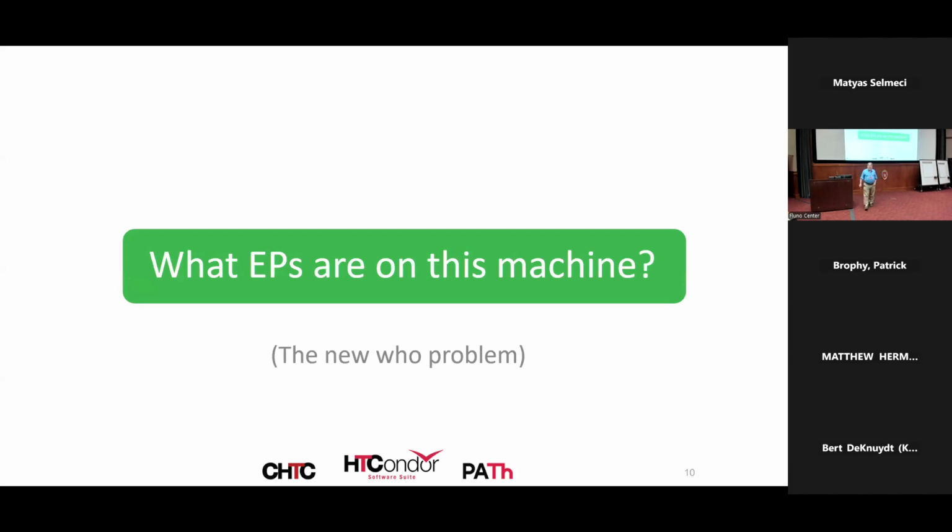Okay, so then we roll along for a decade or so. Condor changes, we make improvements. In particular, we turned on shared port by default, and in Condor 10X and especially 23, we changed it so that Condor doesn't automatically trust commands that originate from the same machine that the Condor daemons are running on.